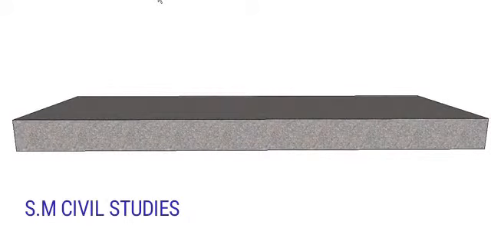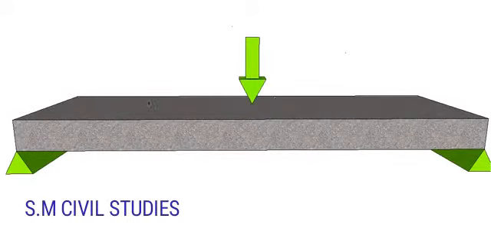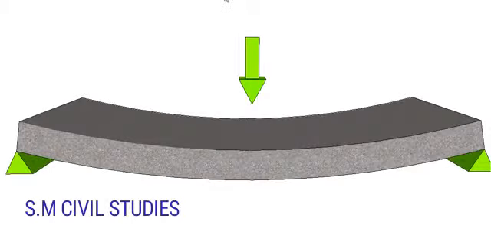But the thing is, our concrete slab's just sitting there. How is it ever going to be placed under compression or tension? So what happens, especially with suspended slabs, if the slab's supported on both ends, such as this one, and then there's a load placed in the middle, and that could be the self-weight of the concrete or any live loads or dead loads that you're going to put on top of it, then what's trying to happen is that the slab is being pushed or trying to be pushed into that shape.